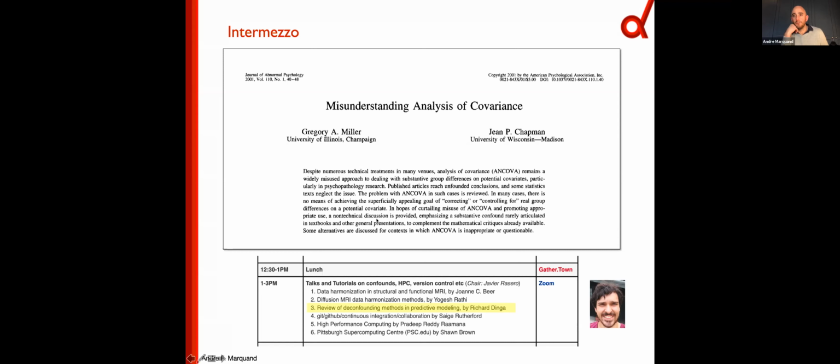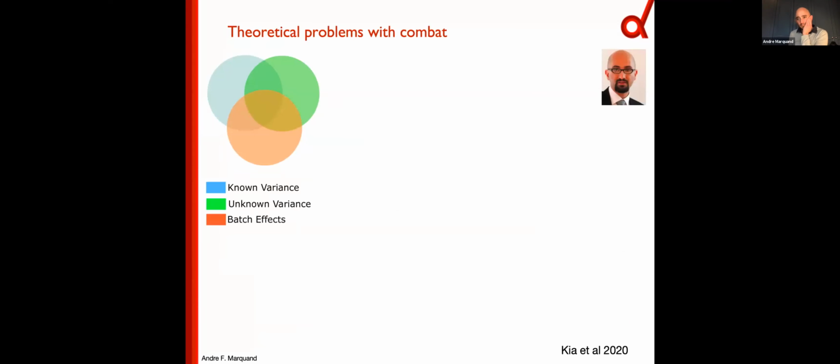If, for example, you've ever been asked to regress out IQ between clinical groups, for example patients and controls, this paper tells you very clearly why that's not always a good idea. And I'd also recommend taking a look at Richard's talk later on about different deconfounding methods in predictive models in general. So back to ComBat.